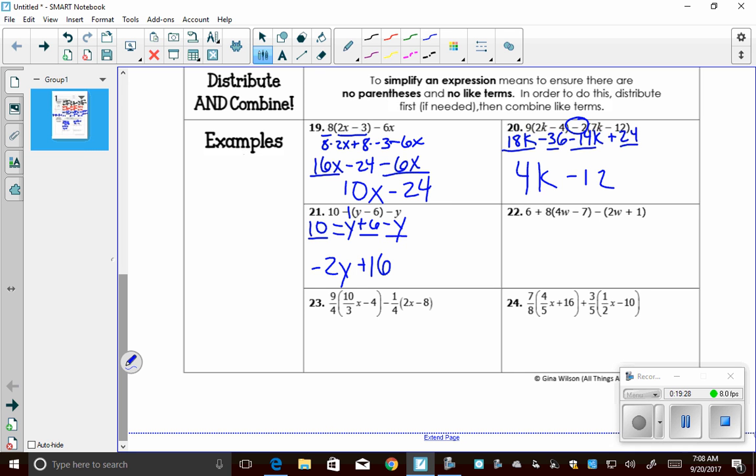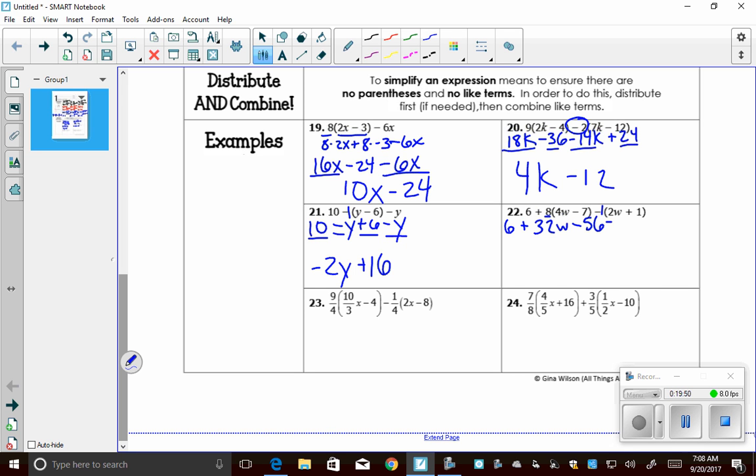Number 22. Distribute the 8. I'm going to have 6 plus 8 times 4, 32w, minus 8 times 7, which is negative 56. Distribute the negative 1.